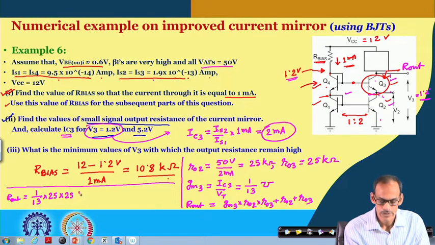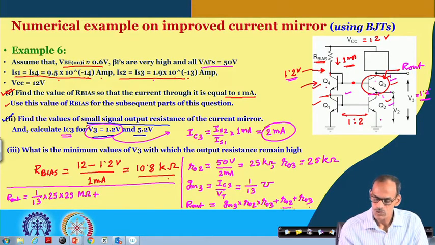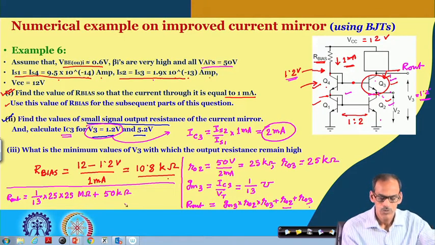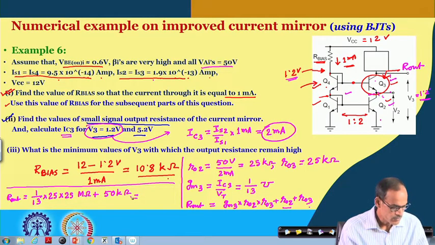So, this is this much of mega ohms, plus we do have summation of this two, 25k. So, that is 50k, probably that you can ignore. In fact, you may calculate this one, but I think I do have some calculated value for you.